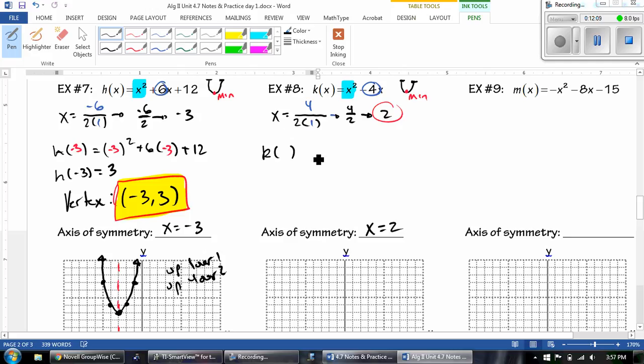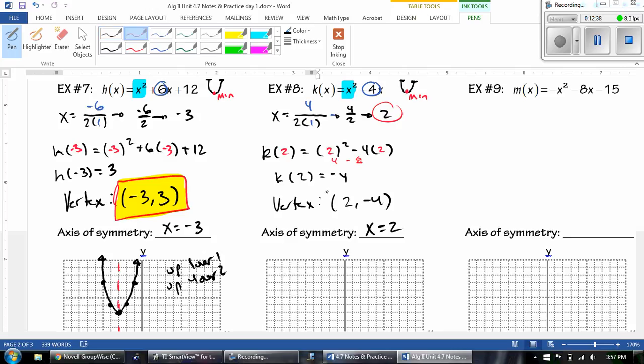After that, we're going to plug into our function, plugging in a positive 2. 2 squared is 4, minus 4 times 2, which is 8. Some of these you can do in your head. So k of 2 equals negative 4. So then our vertex is the point 2, negative 4.